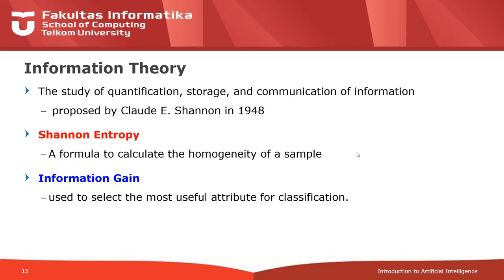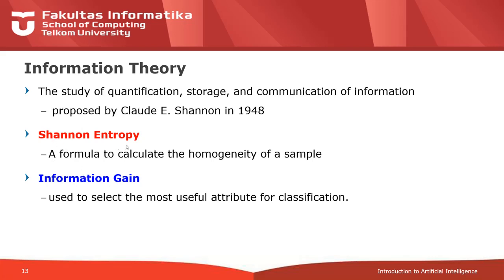So what is this information theory? It is the study of quantification, storage, and communication of information. The two concepts that we will use in the ID tree algorithm are Shannon entropy and information gain.